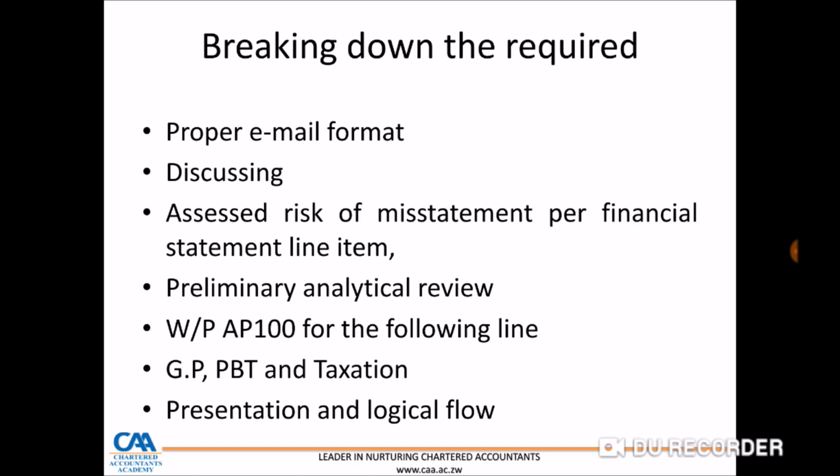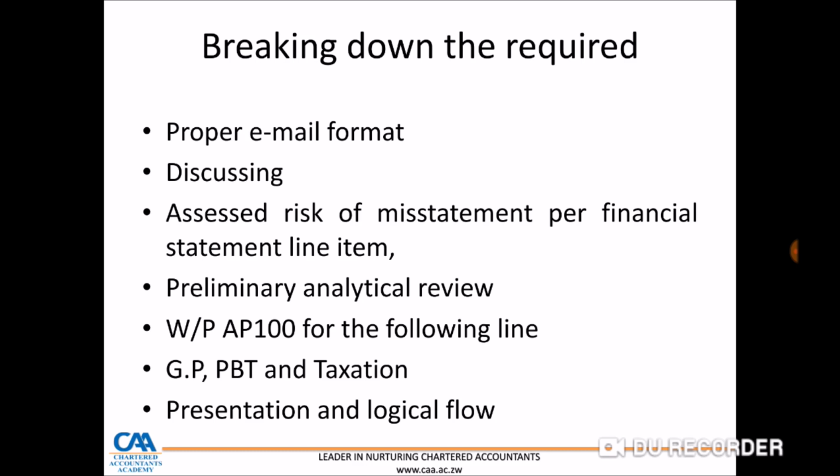Or from audit manager at Harry Hippo Chartered Accountants. Date, you write the subject, correct email format. If you've been asked to write a memorandum, correct memo format. If you've been asked to write a report, correct report format, so that you take advantage of that communication mark, right?